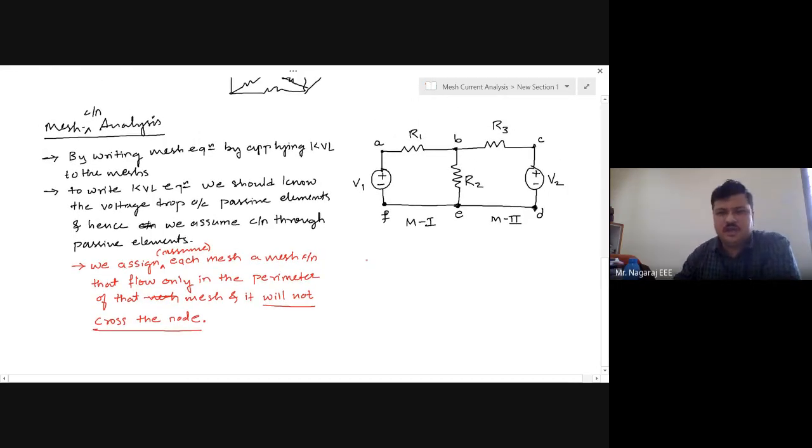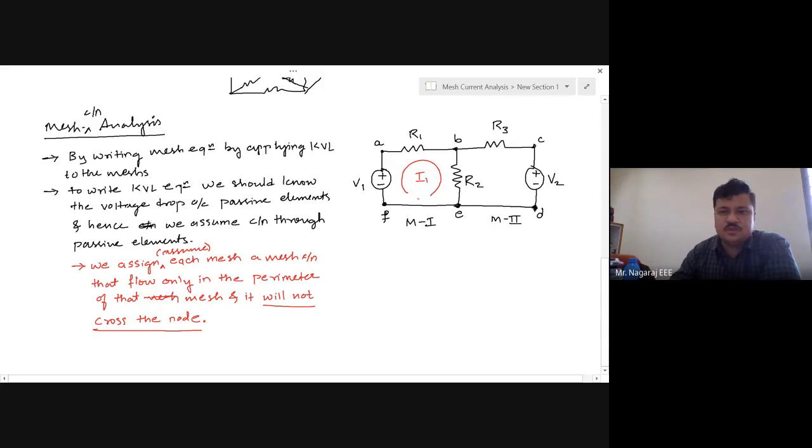It is an imaginary current that I assume to flow in each mesh. So I assume that there is one current flowing in this mesh, and this current flows only in the perimeter of this mesh. That is, if I take this as I1, it flows through V1, R1 and R2. That's it. It will not flow through R3.